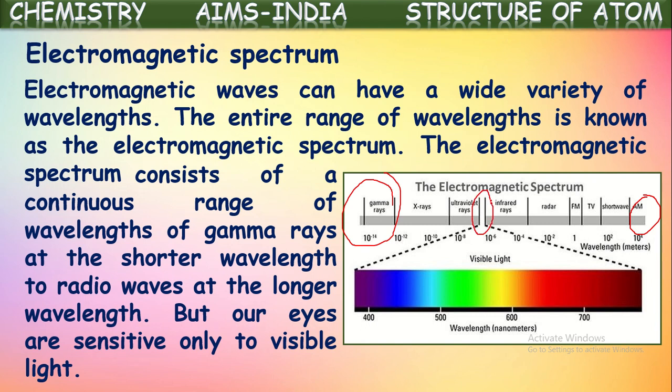See here, it is expanded to observe clearly. Only this range is visible to the human eye. This range is called the visible spectrum. The 7 colors are in this visible light radiation range. This spectrum which is visible is called the visible spectrum, but this is the complete electromagnetic spectrum.